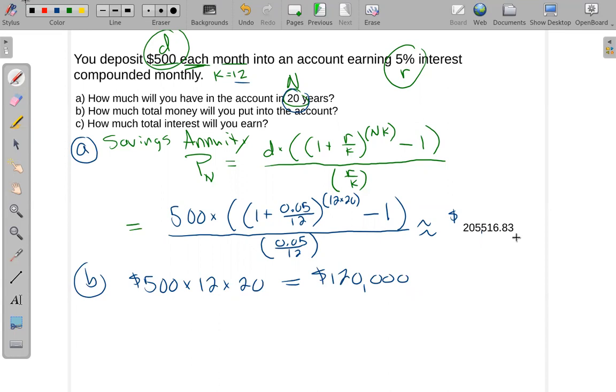We ended up with this much in our account. The difference between the two would be the total interest that our $500 payments made over time. And the first one made the most because it was in there the longest, so on from there.